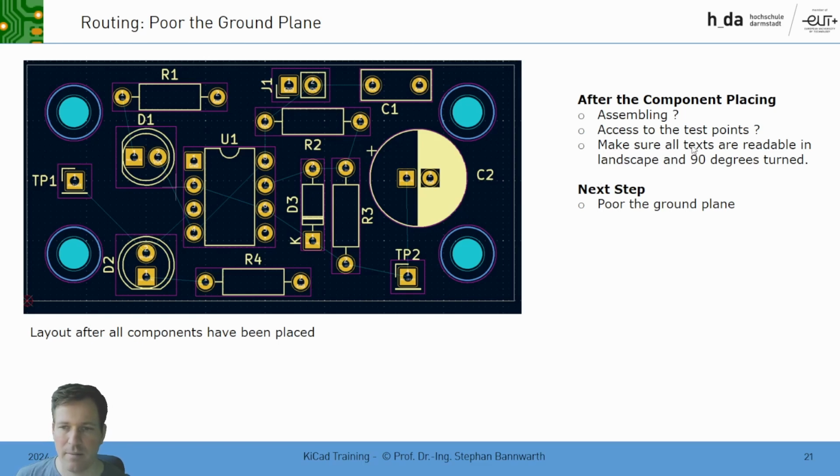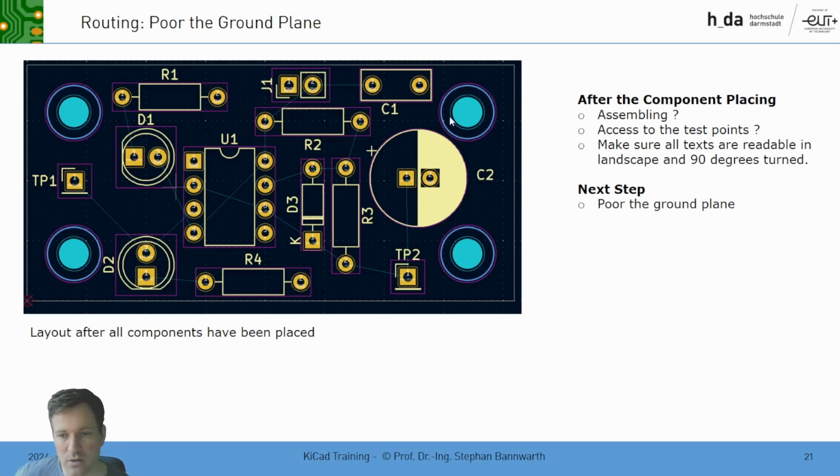That's fine. Make sure you can read all texts in landscape and with a 90 degree turn. So in landscape we can read R1, TP1 exactly, and if we turn clockwise we can read R3, D3 and D2 and J1, but we don't have to turn counterclockwise, so that's fine also.